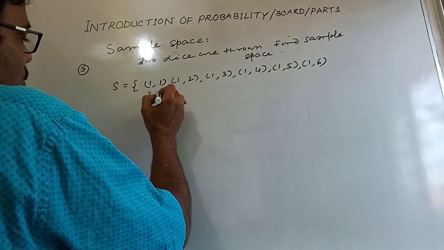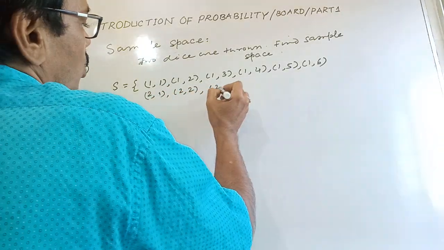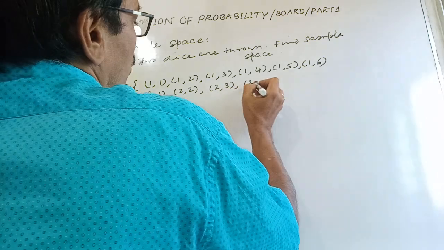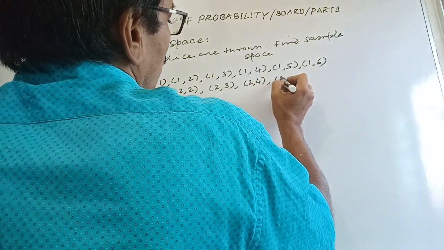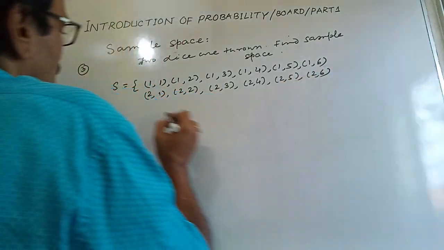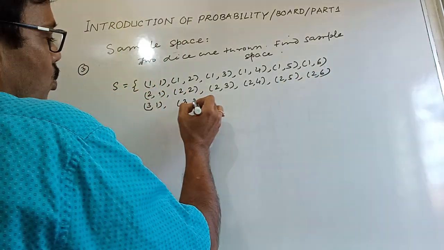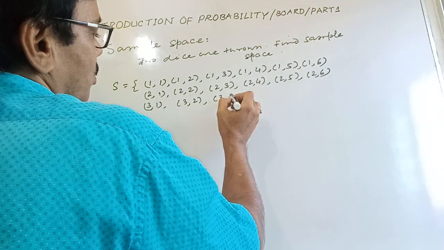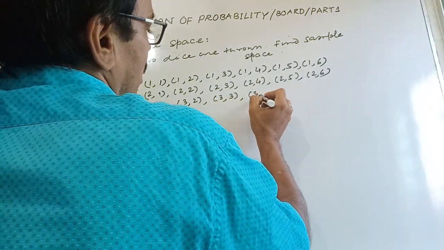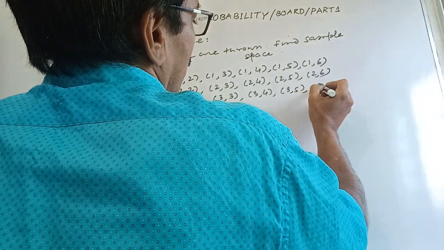Then 2 first: 2, 1. 2, 2. 2, 3. 2, 4. 2, 5. 2, 6. 3, 1. 3, 2. 3, 3. 3, 4. 3, 5. 3, 6.